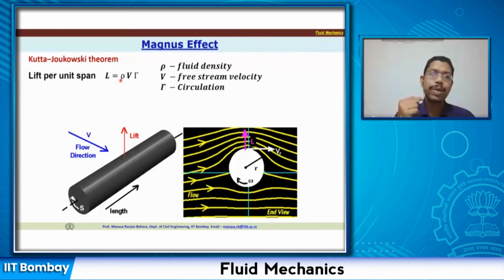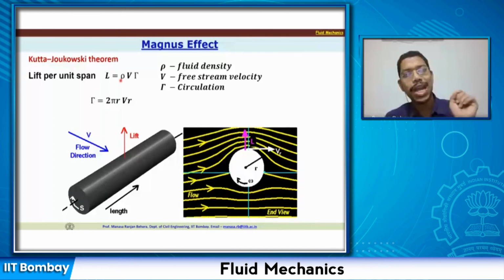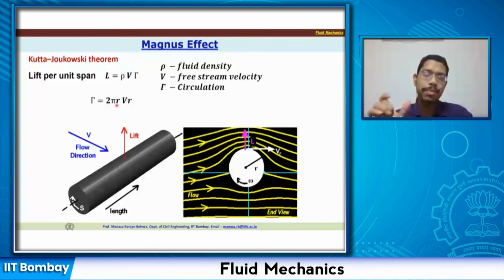So in this case, what is the closed curve? It is the surface of this cylinder, right? Along the surface of the cylinder, if we integrate the velocity, then you will get the circulation. So we can write that as 2 pi r, where r is the radius of the cylinder, multiplied by V, the velocity at the surface.